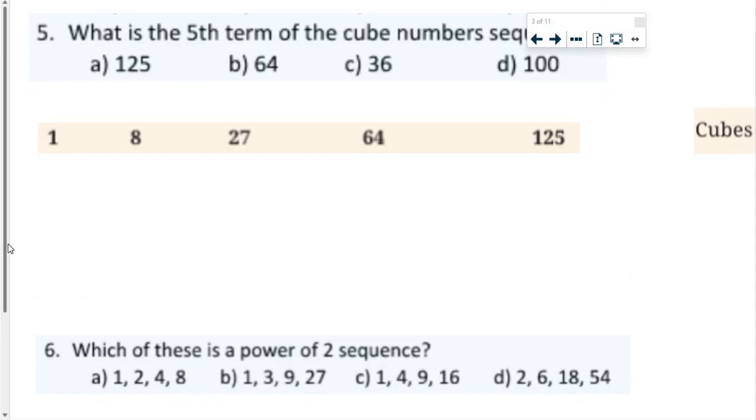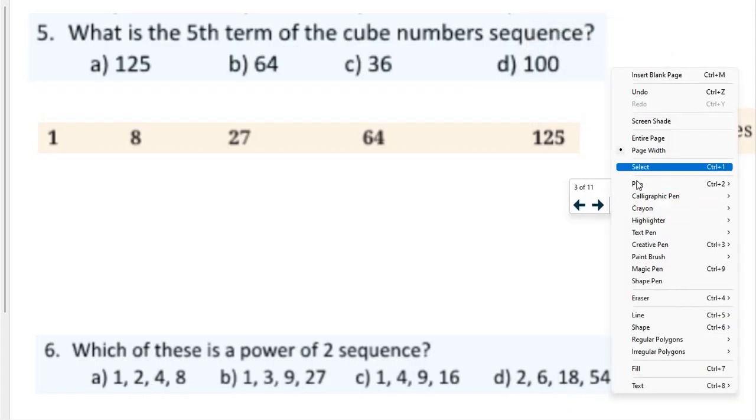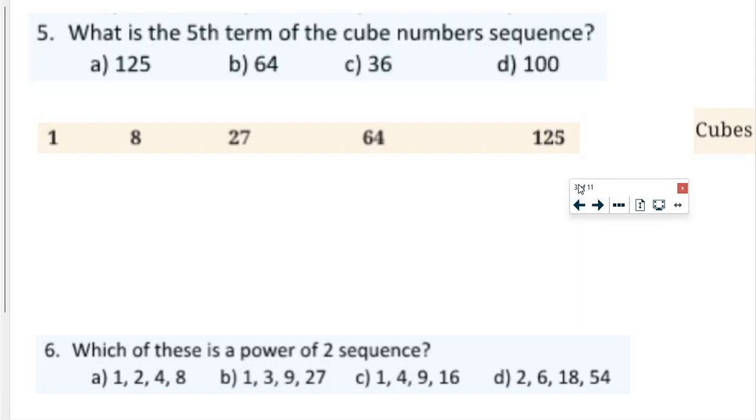What is the fifth term of the cube numbers sequence? Now, pay attention here. What is the fifth term of the cube numbers sequence? The first cube number is 1.